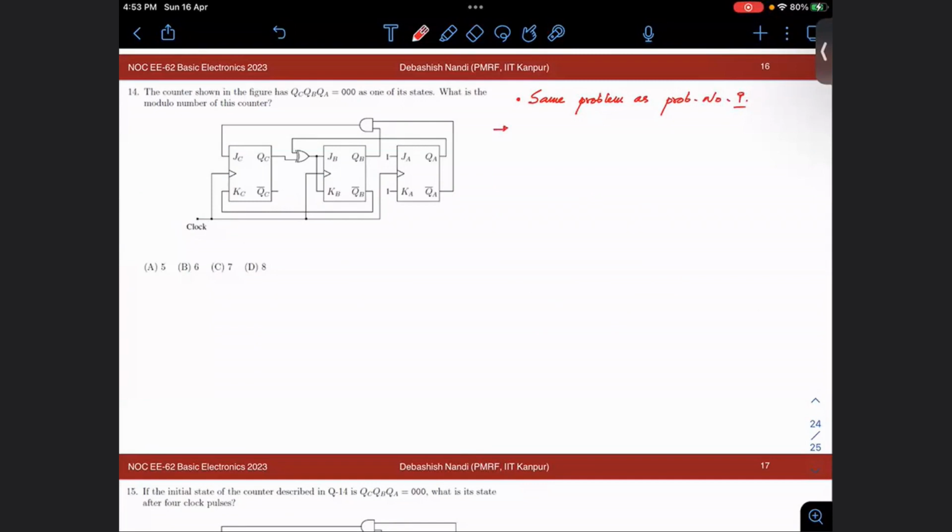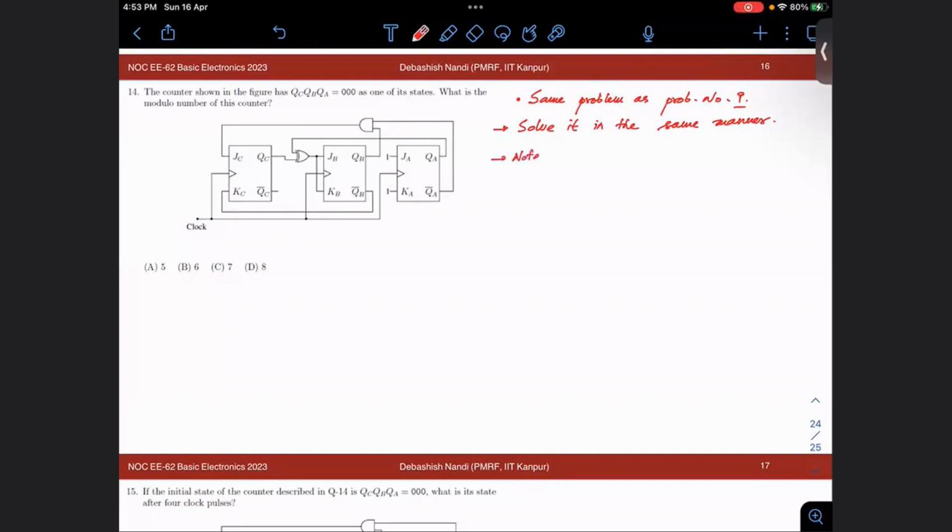I will not solve it, but I will post the solution. Solve it in the same manner. Also, we are almost at the end of the second hour. So you can do this in the same way.